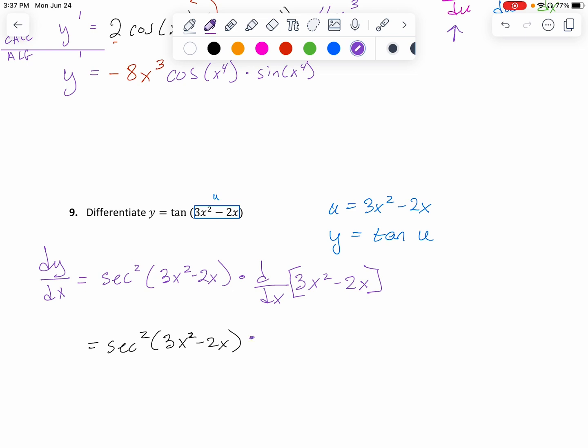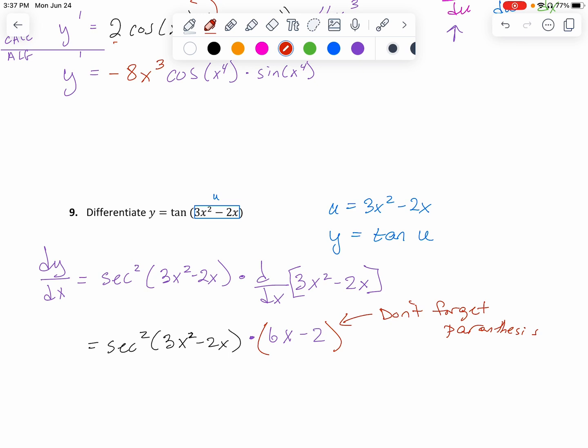Now I got my ddx, so ddx tells me I got to take the derivative of 3x squared minus 2x, which gives me 6x minus 2. This is an important one where I have to have those parentheses. Don't forget those parentheses on this one because I got the binomial there.